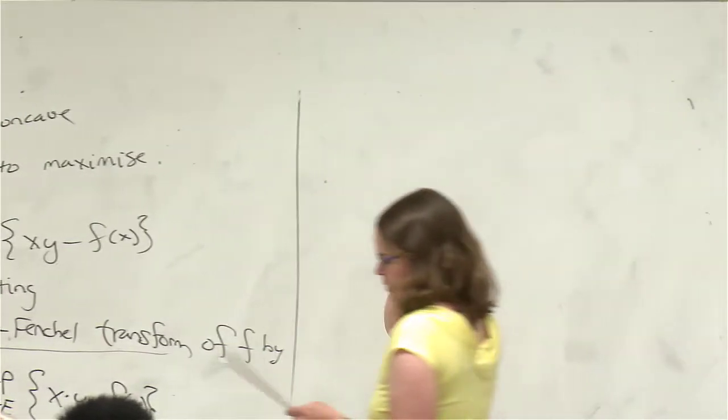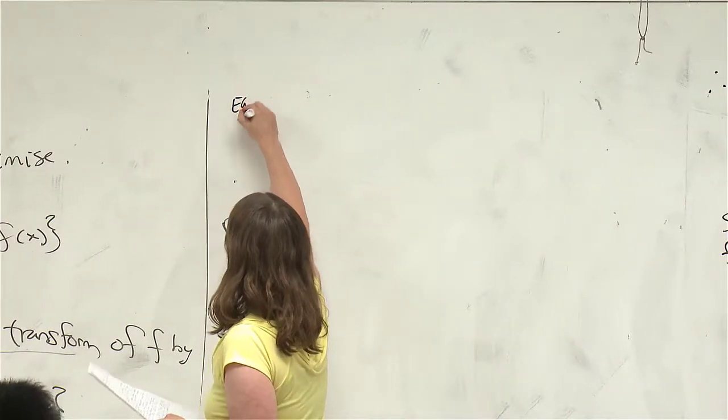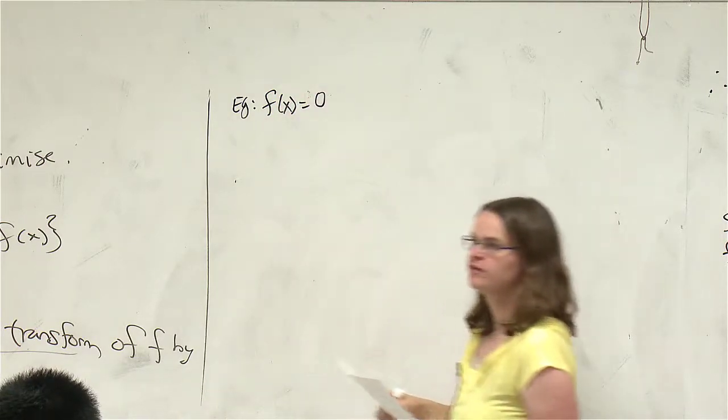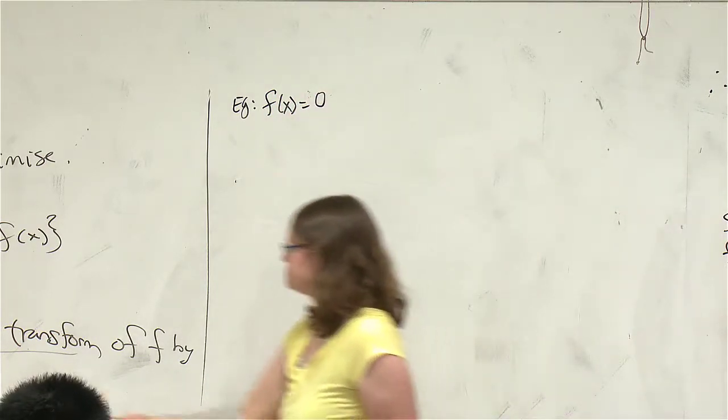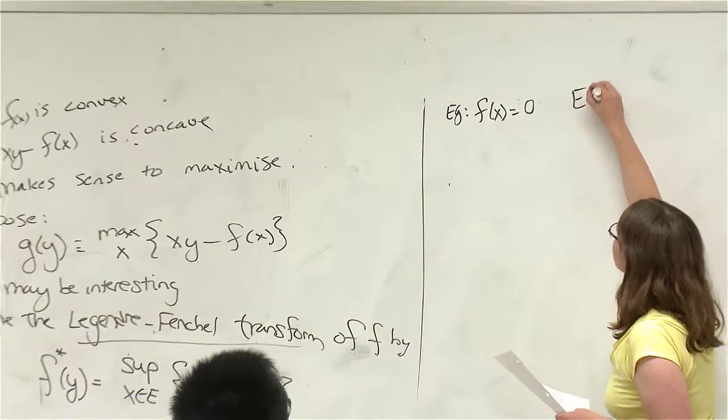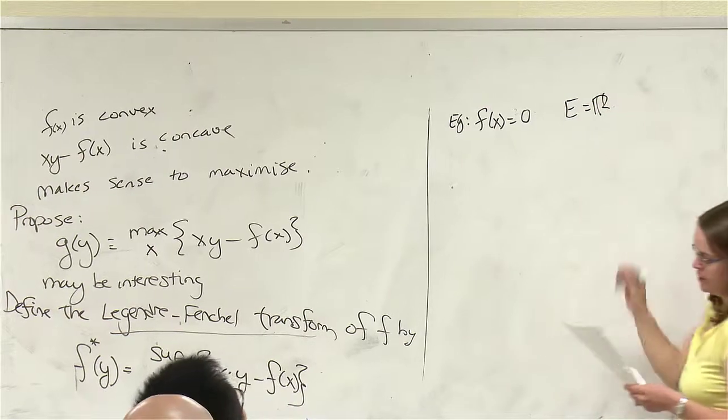Okay, so just for a couple quick examples. This is probably the dumbest, simplest function I can think of. I need a domain, so let's let the domain be everything.